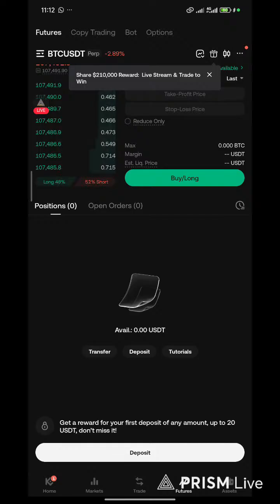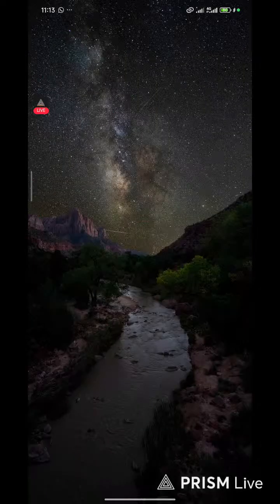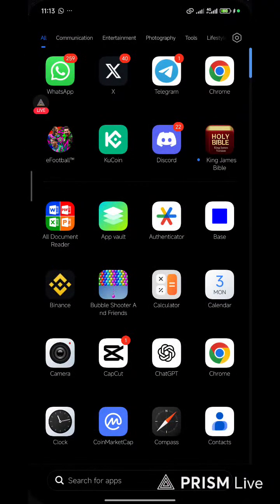Now this shows that the buyers tried as much as they could to push the price up. The buyers were in control of the market. They tried to push the price up, but sellers stepped in strongly, pushing it right back before the candle closes.